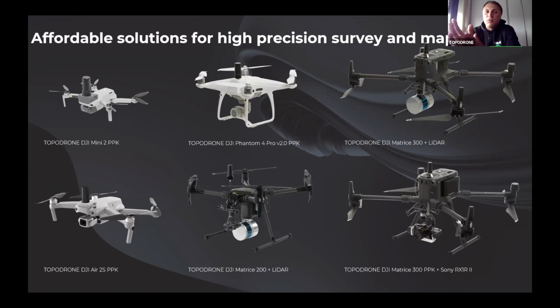As you know, the Topodrone company provides different kinds of equipment which can be installed on any kind of DJI drones to make precise photogrammetric surveys, to get a very detailed and very accurate point cloud, which can be used for mapping. And several years ago, we designed our solution for LiDAR survey. LiDAR survey, as you know, is more stable: you can use LiDAR in any light conditions.